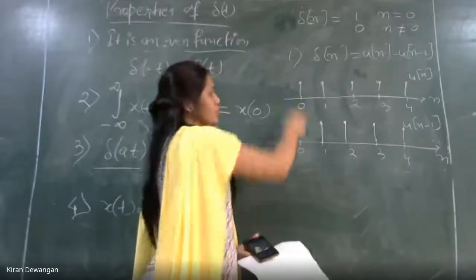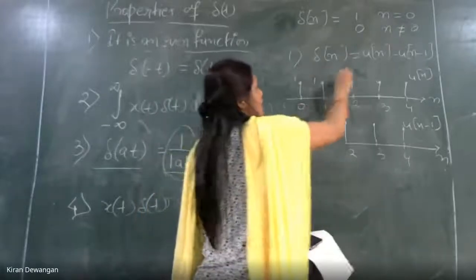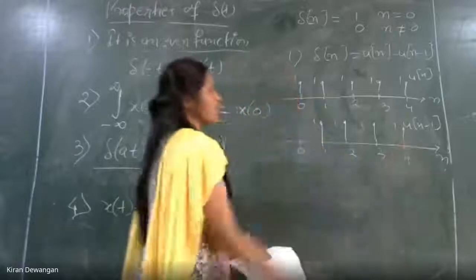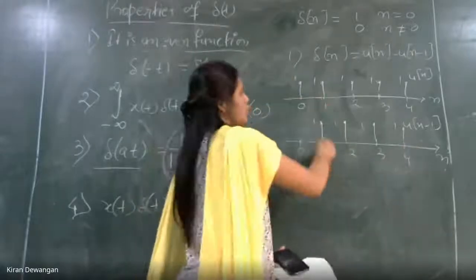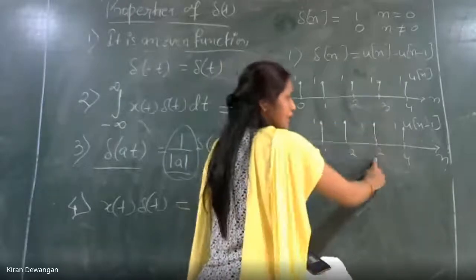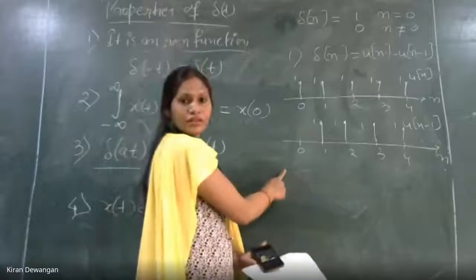Del n. At 0, here I don't have any value in u of n minus 1, so 1 minus 0. Here these are the values of u of n and u of n minus 1. The values at 1 will cancel out, values at 2 will cancel out, values at 3 will cancel out, values at 4 will cancel out. What is left?